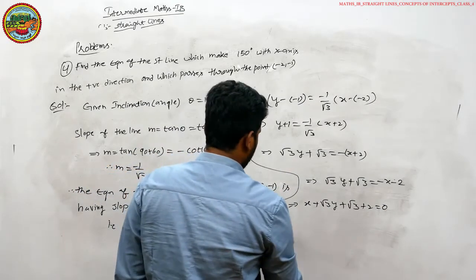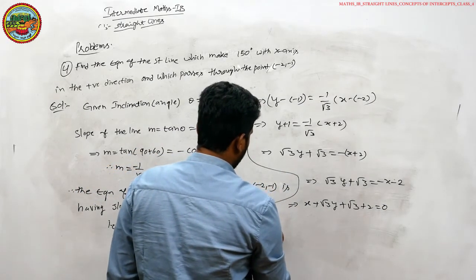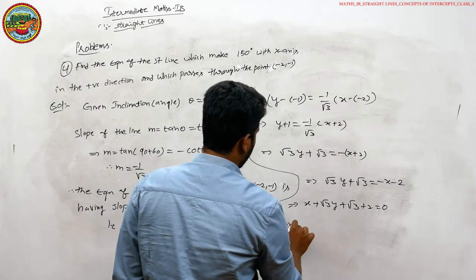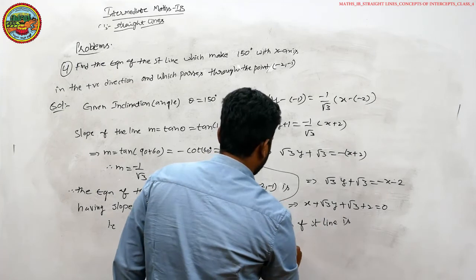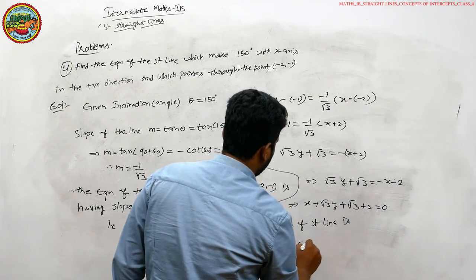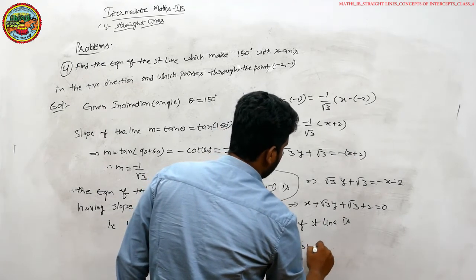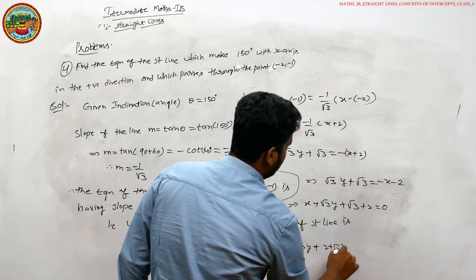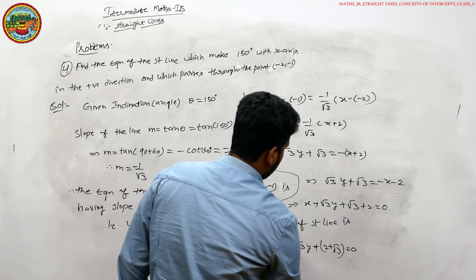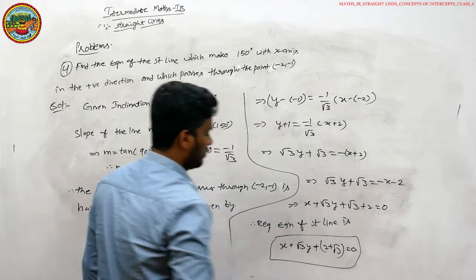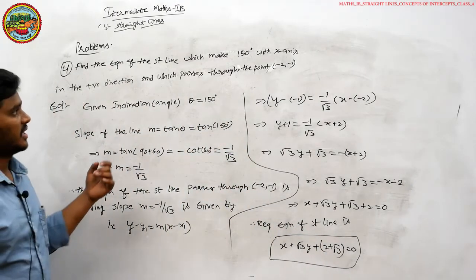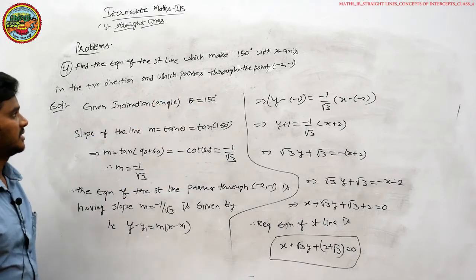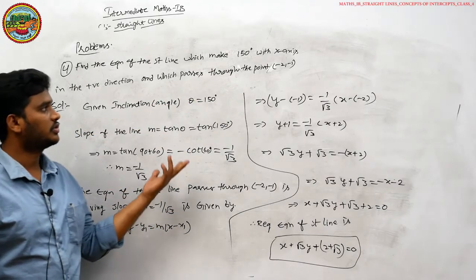So the required equation of the straight line is x plus root 3 into y plus 2 plus root 3 is equal to 0. This is the required equation of the line, which makes an angle of 150 degrees with the x-axis and passes through the point minus 2 comma minus 1.